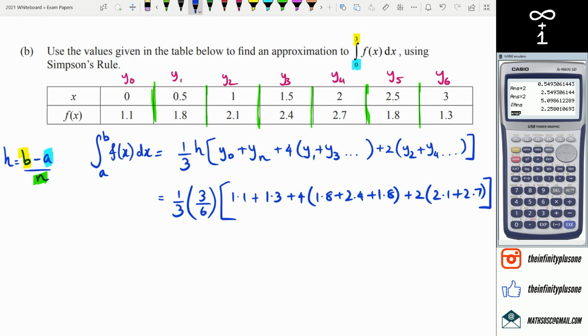As you can see, it is simply just putting it all in a calculator. So I've just done that quickly. 3 over 6 times 1/3 is 1 over 6. And now it's just putting this whole shebang. I'm not gonna lie, I hate doing this question because it just requires concentration for putting in all the correct values. It's so easy to make a mistake.